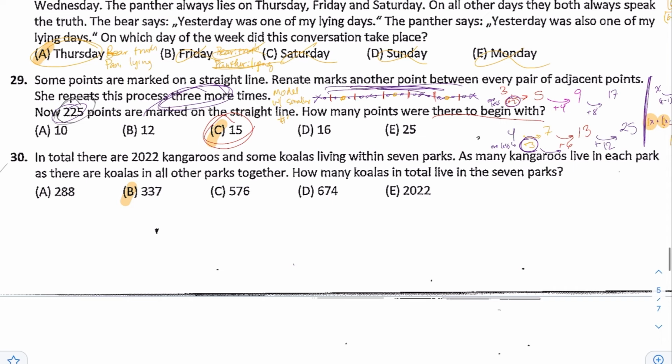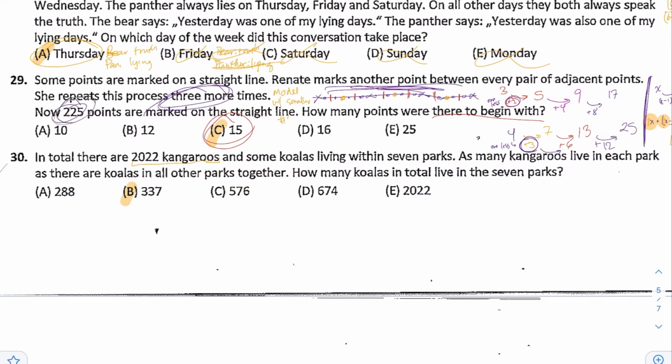Okay, so we have a total of 2,022 kangaroos, and we have some koalas, and we don't know how many koalas there are, and they're living in 7 parks. So to make things easy for yourself, you can kind of do the average because you're putting all the koalas together anyway at the end.